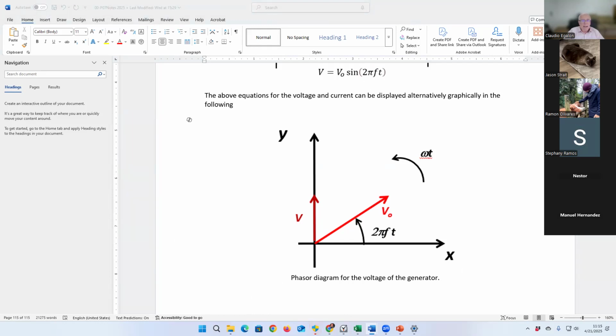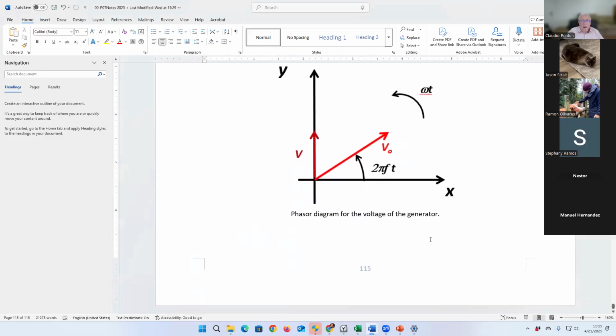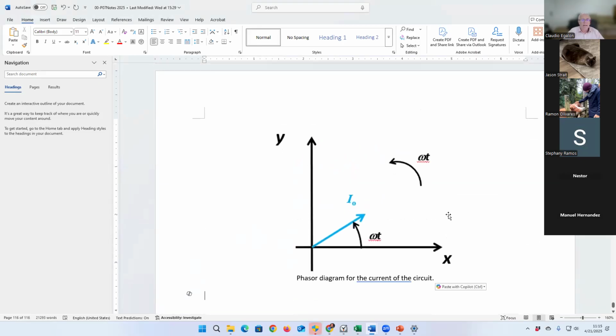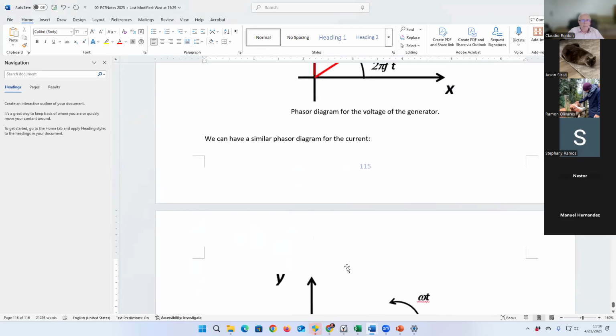And note that we can do the same thing for the current. We can have the same phasor diagram for the current. And I'm putting that in a different color, right?